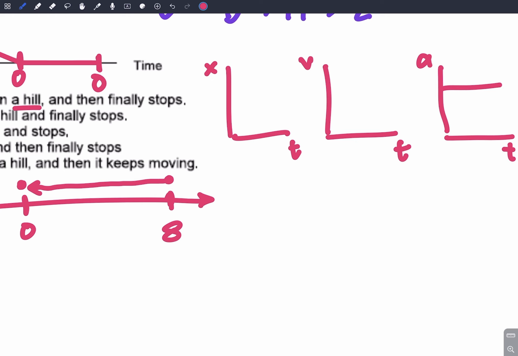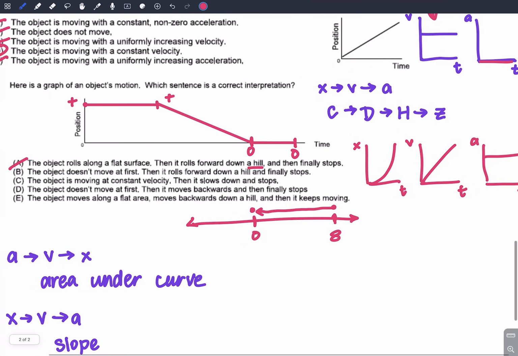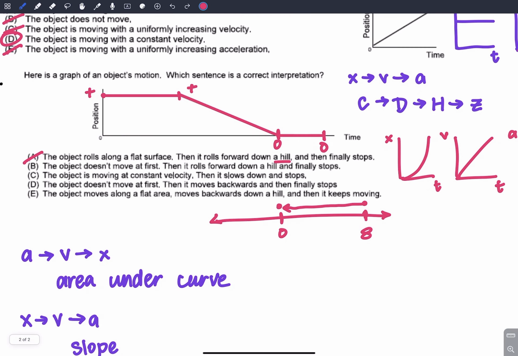If we're going to have some sort of acceleration, velocity is going to be increasing, displacement is going to be a curve, because we use this. So, we don't see a curve anywhere in this graph. Therefore, it's not rolling down a hill. Where else do we see hill in our options? Hill, this is not our answer. Hill, this is not our answer.